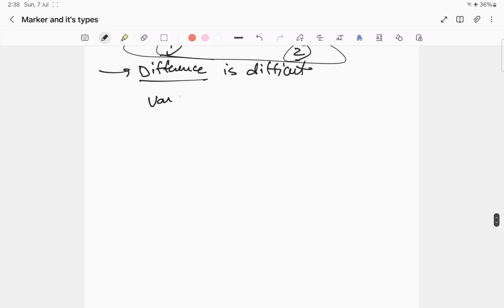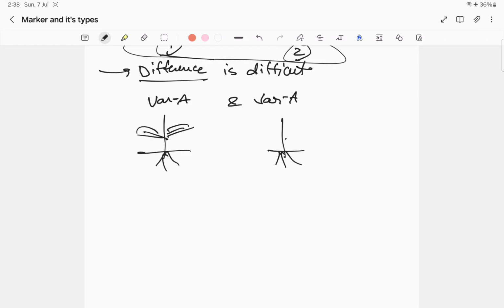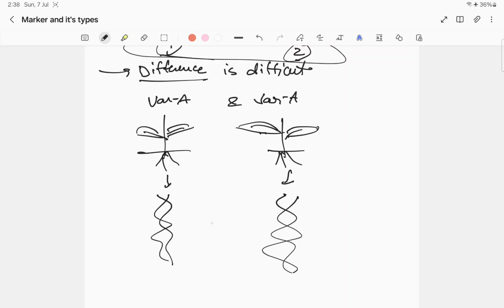For example, variety A and variety A, both are the same variety. This is plant A, plant B, like 1, 2. We will extract the DNA from this plant, and again we will extract DNA from this plant also, right?